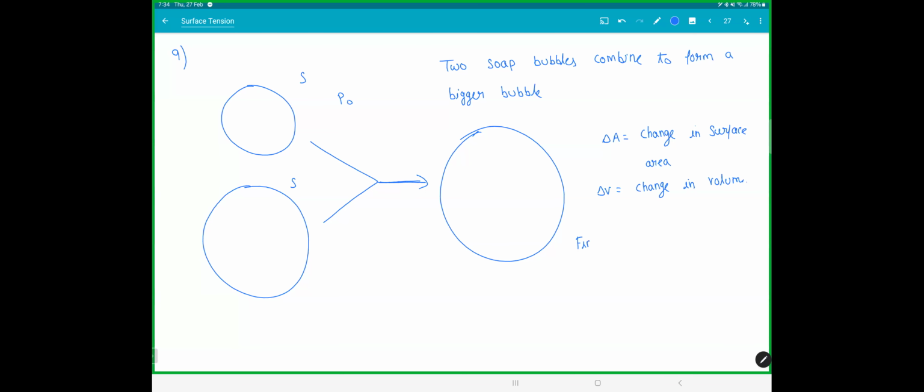Find the relation between delta A and delta V. The answer should come in terms of S, P naught, delta A, and delta V. Assume isothermal conditions. Isothermal means temperature remains constant. Think for a minute. Let's see.